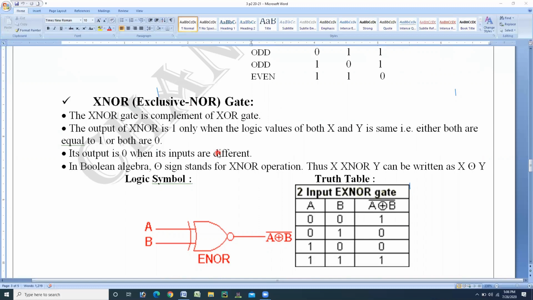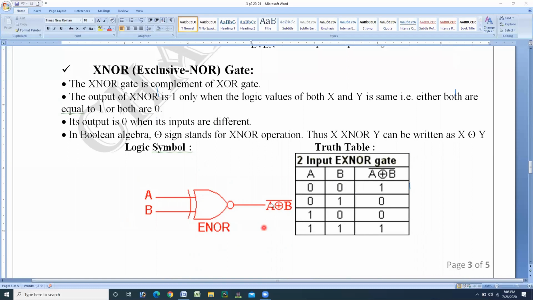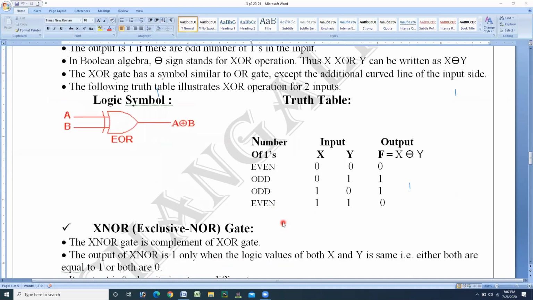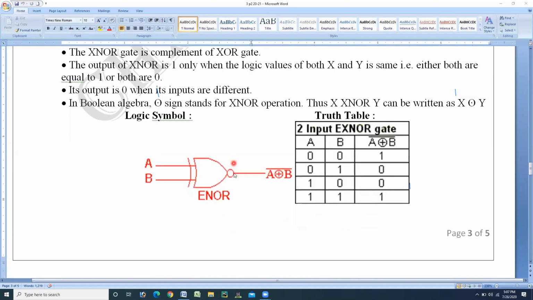If you observe first the logic symbol of the exclusive NOR gate, only one minor change you will get. This symbol is exclusive OR. For this symbol, if you add NOT, that becomes exclusive NOR.